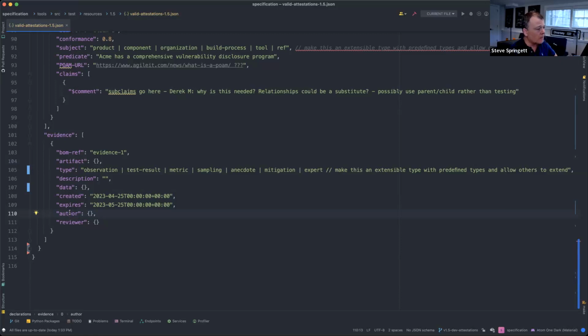So in most of CycloneDX, where you have a field that could be either one, we support what's called an organizational entity or an organizational contact. So it could be either one of those things. And if it is an organizational entity, you can actually have multiple contacts within that entity too.